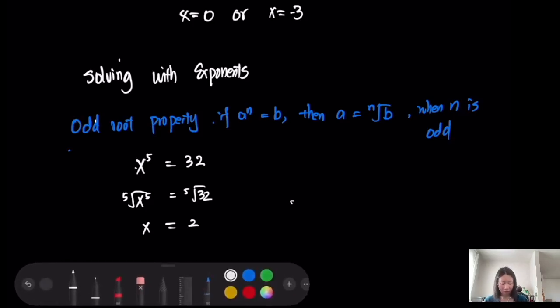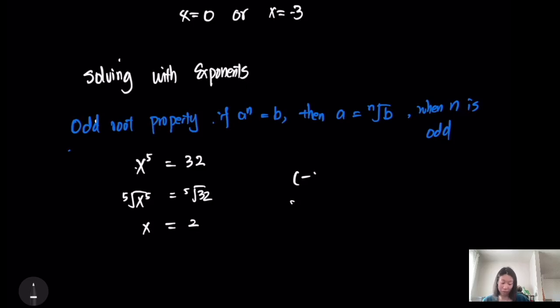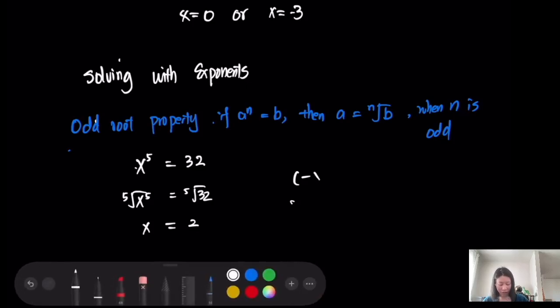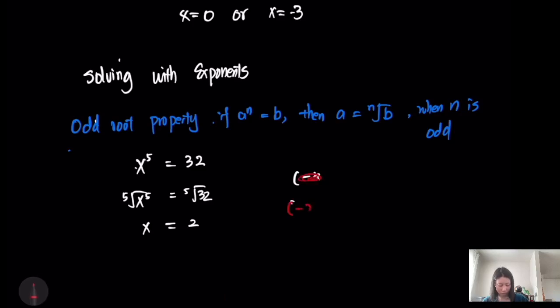think about that. If I have a negative number, such as negative 2 times negative 2 times negative 2, multiplied 3 times, you end up with a negative number.